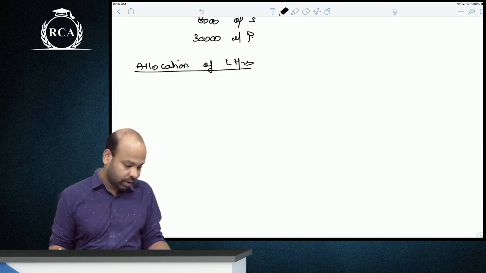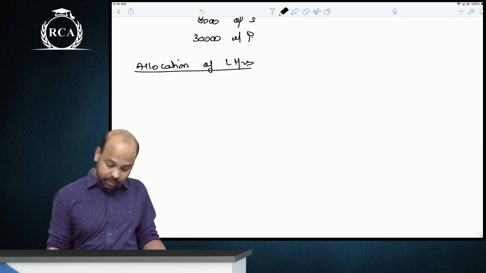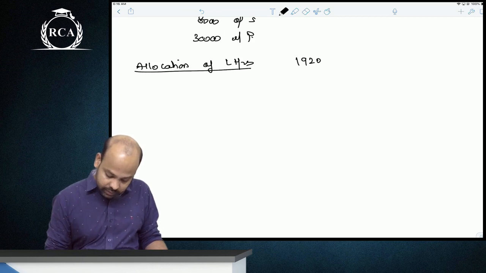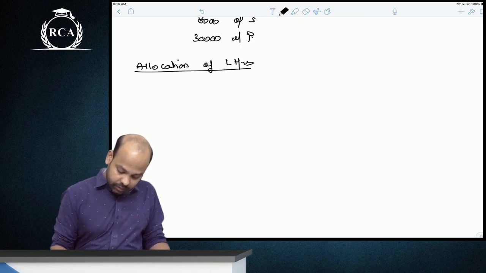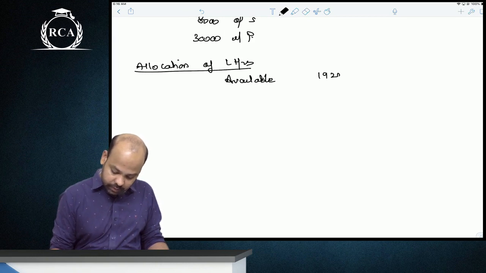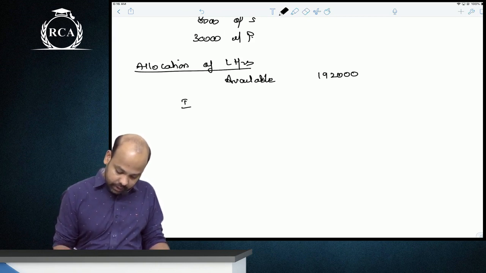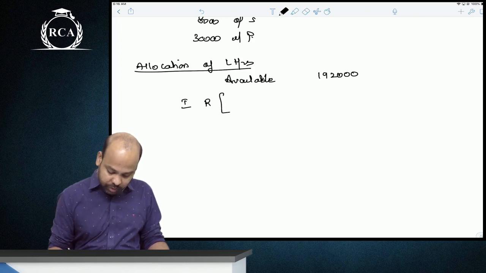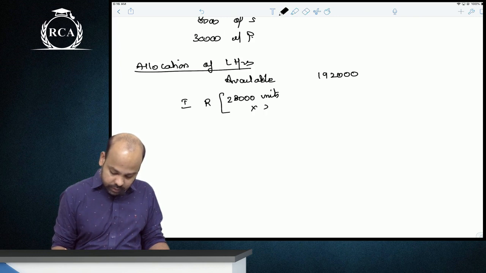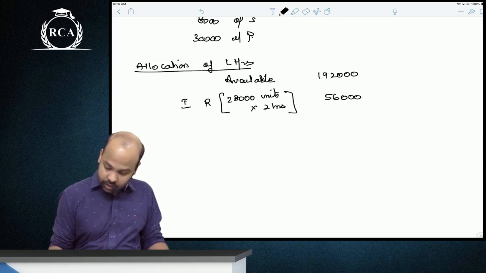We will have to allocate those 1,92,000 labor hours. Available labor hours are 1,92,000. First preference is given to product R, 28,000 units into 2 hours, and that is 56,000.